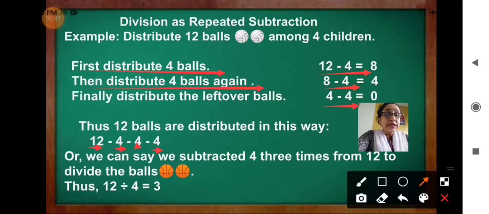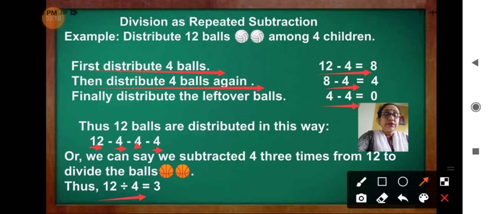So, how many times 4 is coming? 3 times. Okay? Or we can say we subtracted 4 3 times from 12 to divide the balls. Thus, 12 divided by 4 equal to 3.